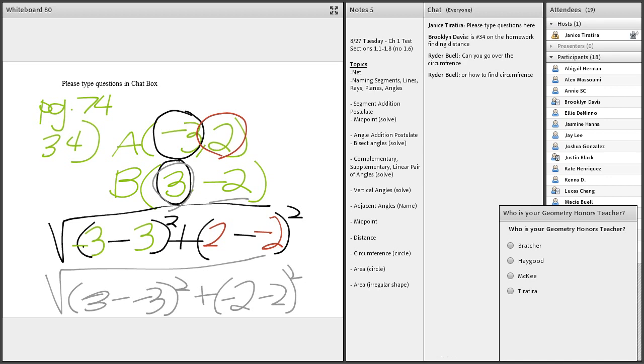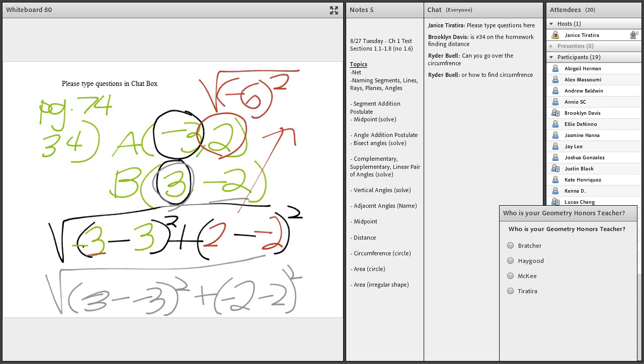So regardless of your method, you do need to do whatever the inside is first. So first one, I'm going to get -6 squared, because -3 minus -3 is -6. And then the second one is 2 minus -2, so that one is just +4 squared.